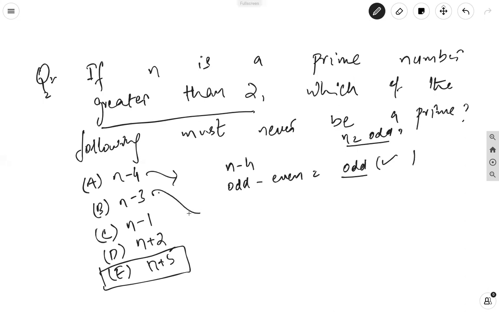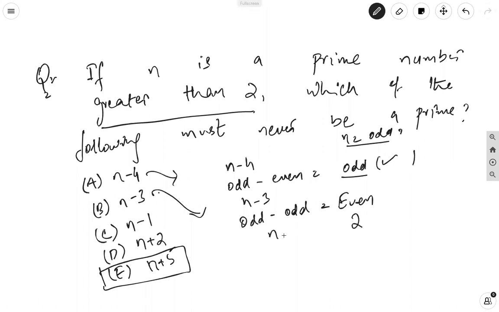If I move to the next part, this is n-3. Again, odd minus odd. The result is even. Now see, the question is saying that we have only one even prime number, that is 2, right?